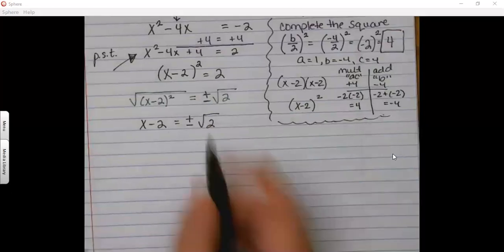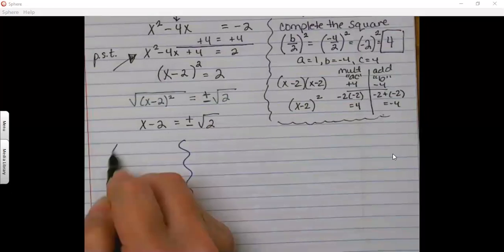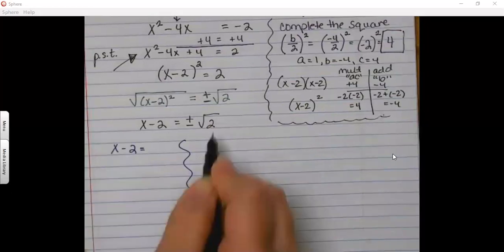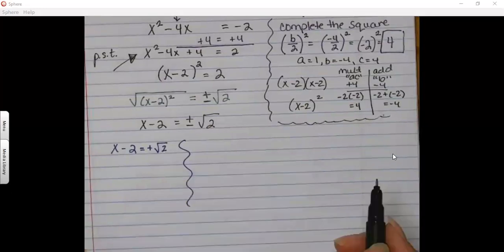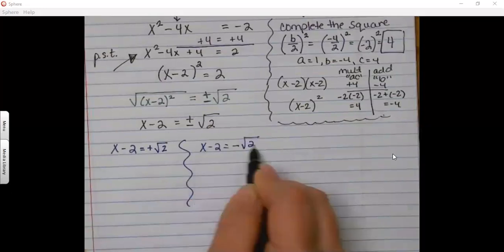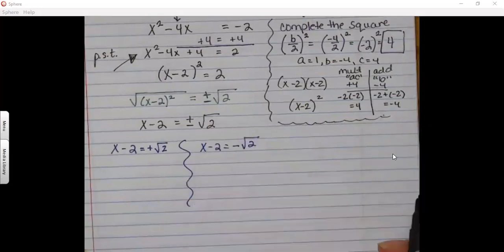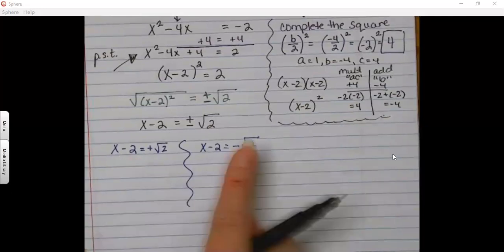One of them will be x minus 2 equals the positive square root of 2. And the other one will be x minus 2 equals the negative square root of 2. A lot of kids want to change the x minus 2 and make it x plus 2. You don't do that. It's only the right side that's positive or negative, okay?